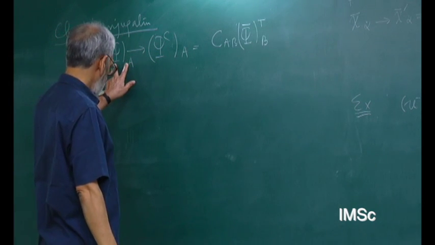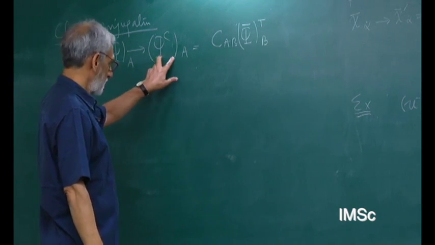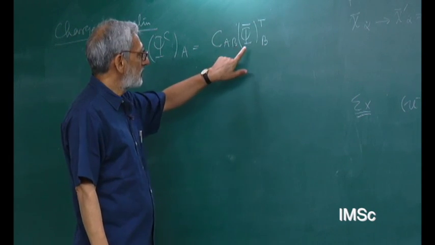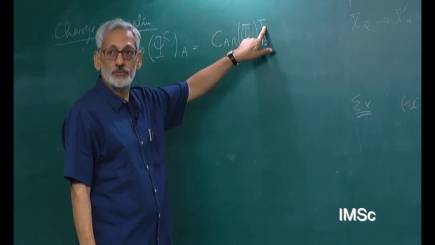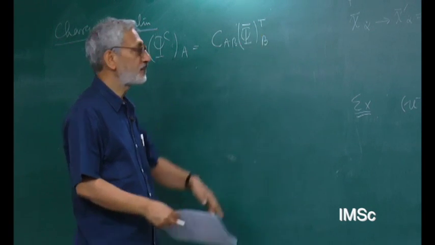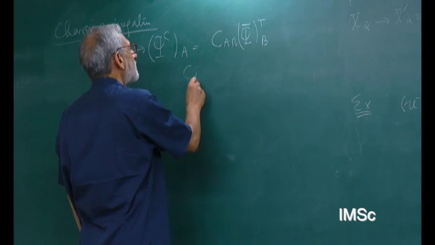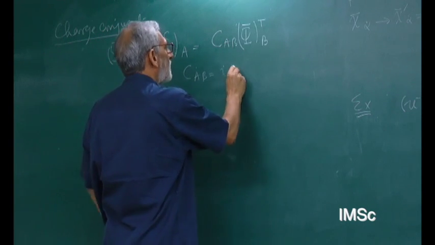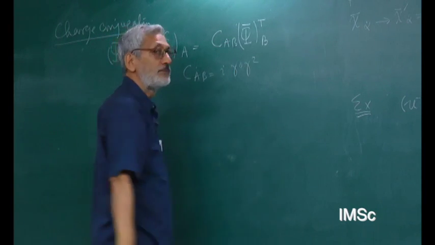The charge conjugate of the 4-component Dirac spinor is the charge conjugation matrix times psi bar transpose. And the charge conjugation matrix is i times gamma 0 gamma 2.